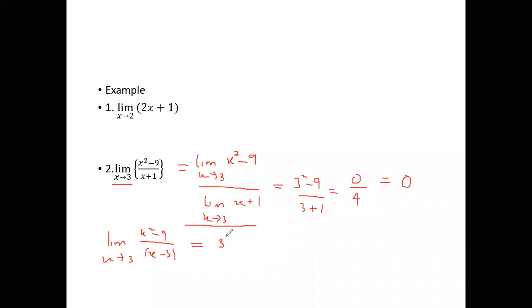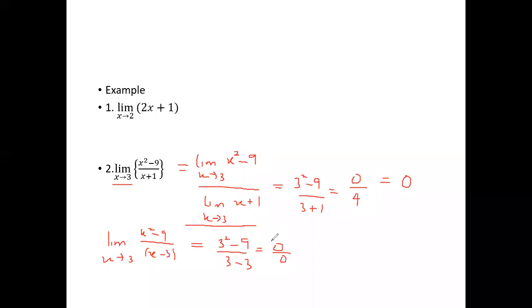This will be 3 squared minus 9 over 3 minus 3, right? Clearly, we can see that 9 minus 9 will give us 0. Then 3 minus 3 will also give us 0.